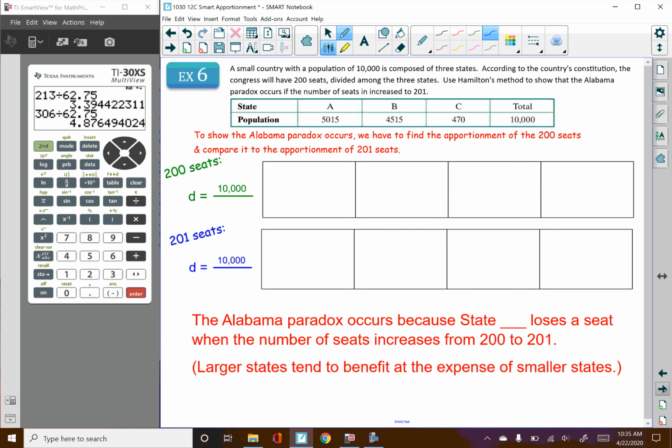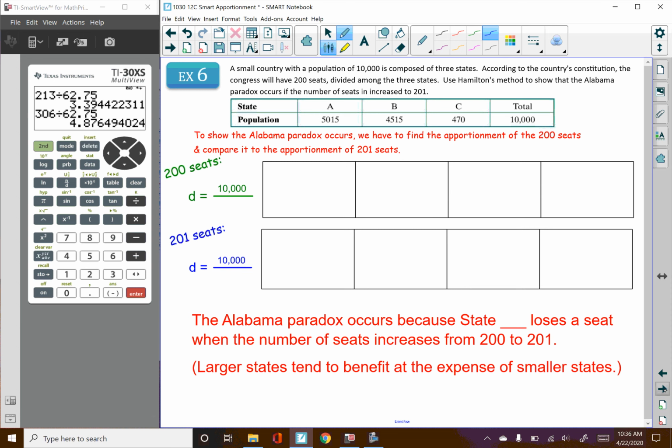We've got a small country with a population of 10,000. They have 3 states, which we're going to call A, B, and C. According to the country's constitution, the Congress will have 200 seats, which are to be divided among those 3 states. Use Hamilton's method to show that the Alabama paradox occurs if the number of seats is increased to 201.